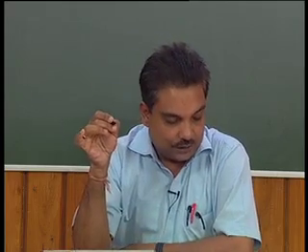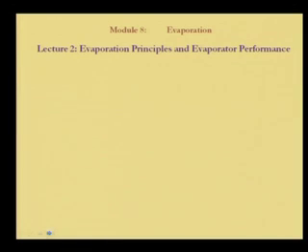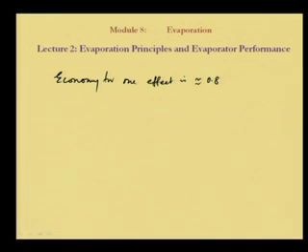We will discuss in detail a little later what factors are working on this. This is the reason why the economy will be less. So, the economy for one effect is nearly 0.8. It is definitely less than 1.